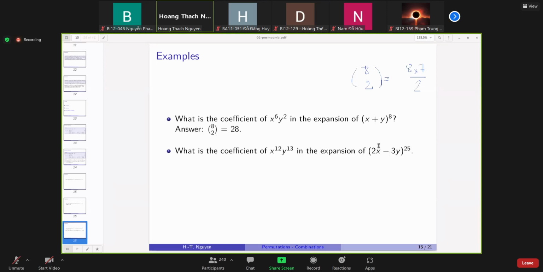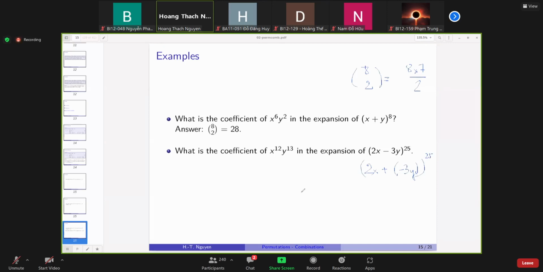Okay, so here you can consider that the 2x plays the role of x, so you can write it as 2x plus minus 3y, to the power 25.